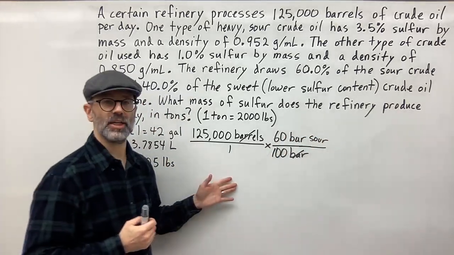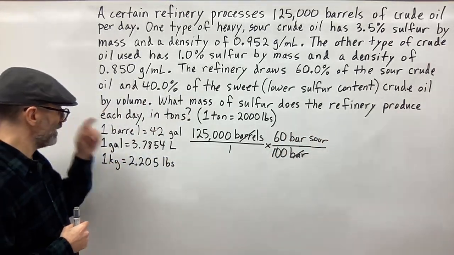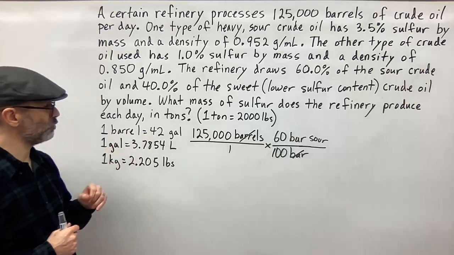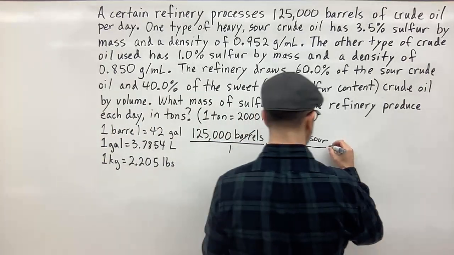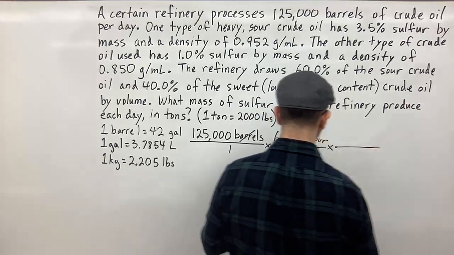And so now we need to convert barrels to something else. Gallons, we know that 1 barrel is equal to 42 gallons. So we can use that to convert to gallons.